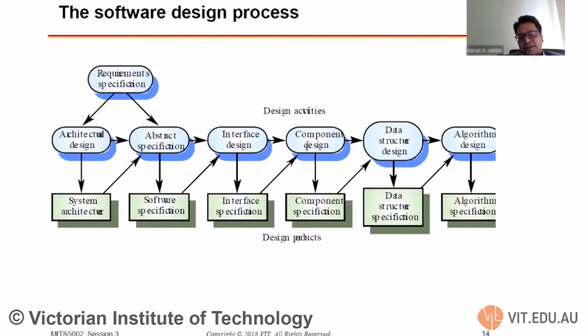Then component design. So say in the user interface, you have different text boxes, different buttons, or check boxes, or any of the controls that you can have on the user interface or the hardware user interface. Then you design different components of the software that support those user interfaces.